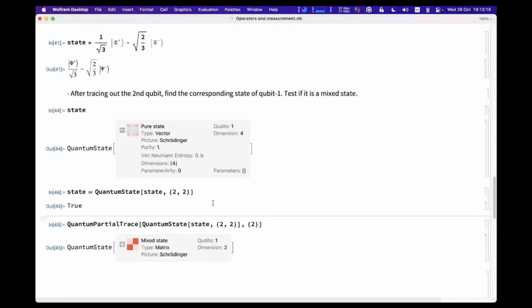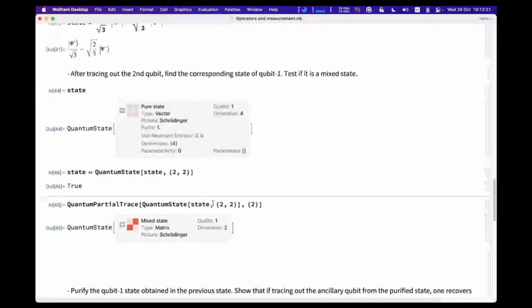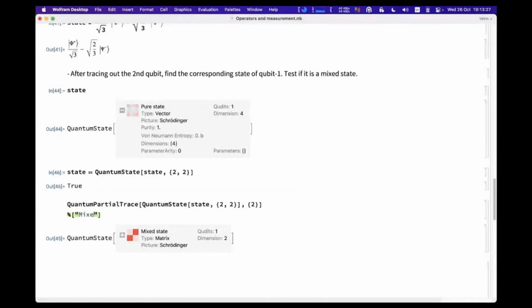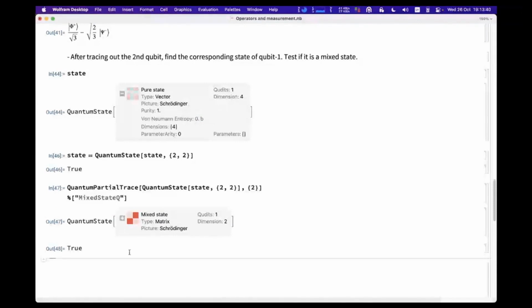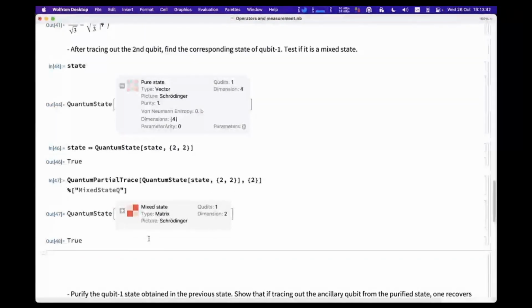You can say that what is happening in reality is it is 2 qubits together. It's a composite system. Of course we know that after partial tracing it's a mixed state, but we are just checking that whenever we do the partial tracing on top of a pure state, we are going to get a mixed state.